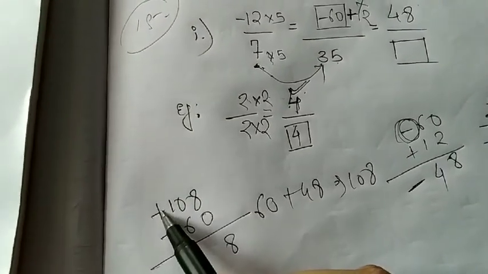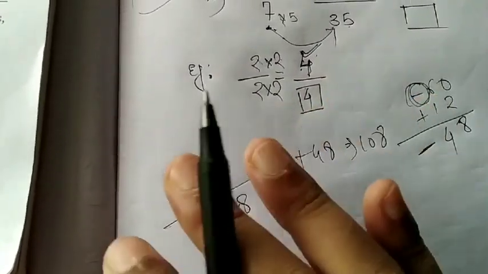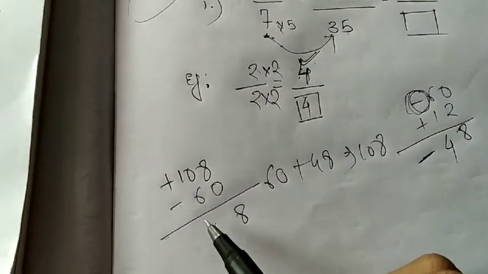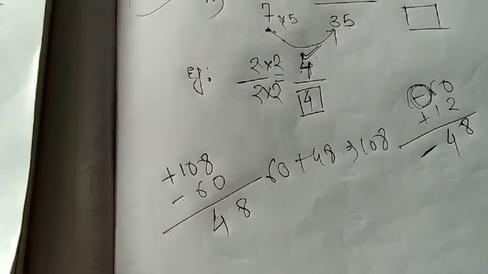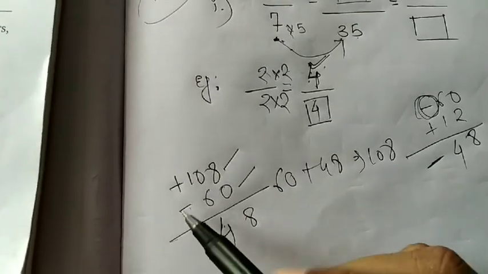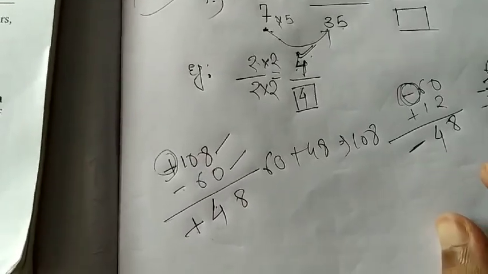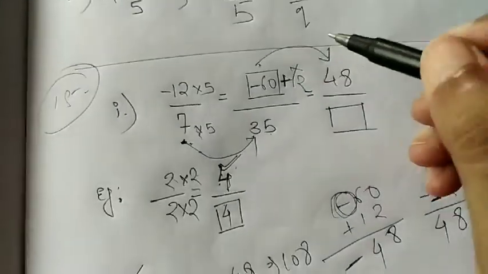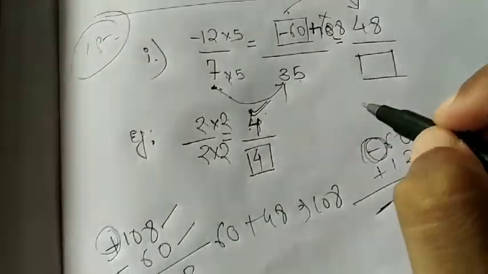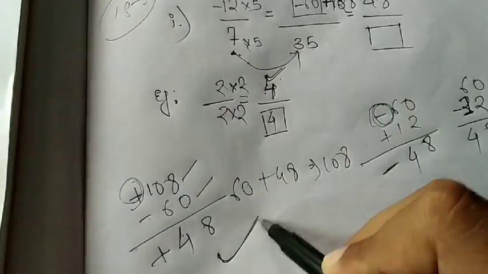See, plus minus, so you have to subtract. Okay, we will put the sign later. First you have to subtract it because negative and positive. Now which is the greater number, 108 or 60? 108, and 108 is a positive number. So we will add 108 to it. Minus 60 plus 108 is equal to plus 48.